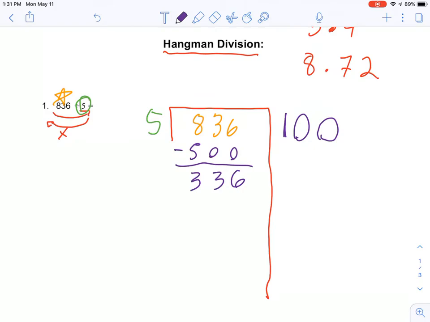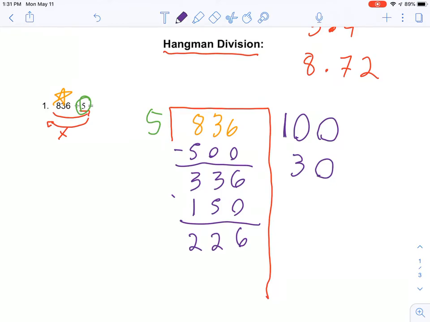Well, I'm noticing that 330, if we do 30, well, we know that 3 times 5 is 15, but 30 times 5 is going to give us 150. Then we can go ahead and subtract.